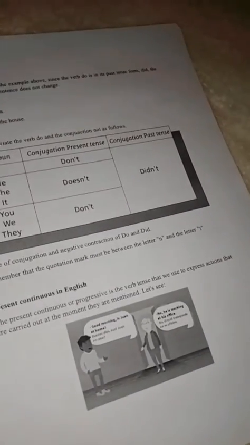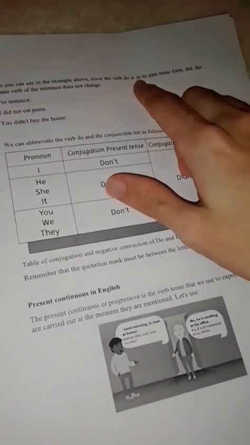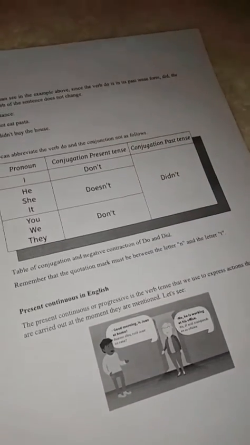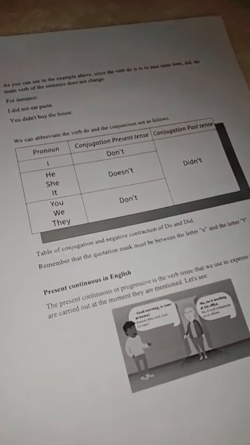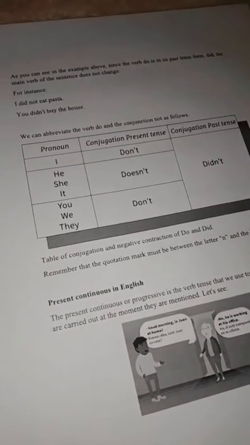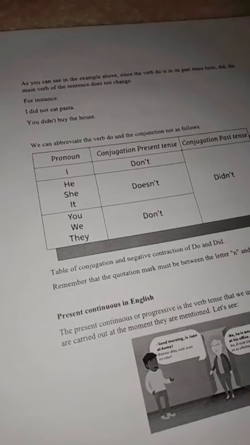As you can see in the example above, since the verb to do is in the past tense form, did, the main verb of the sentence does not change. For instance, I didn't eat pasta, you didn't buy the house.